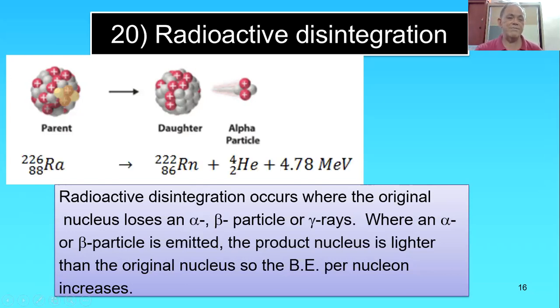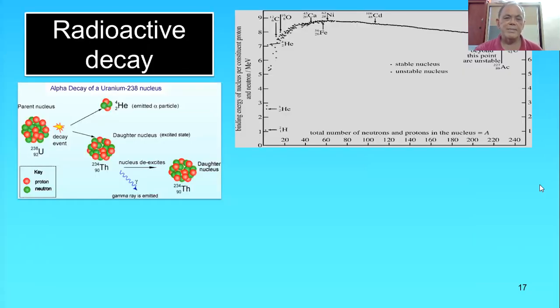Example of radioactive decay will be radium forming radon and helium gas. Or we can look at uranium-238, which is at the very end there.